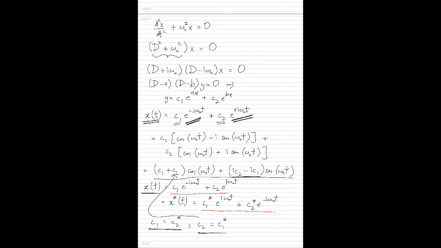Similarly, I also have this thing. I have i c2 minus i c1 over here. So I have i times (c2 minus c1), and this is equal to i times (c2 minus c2 star), because remember c1 is equal to c2 star.